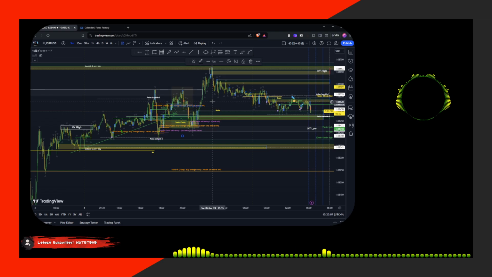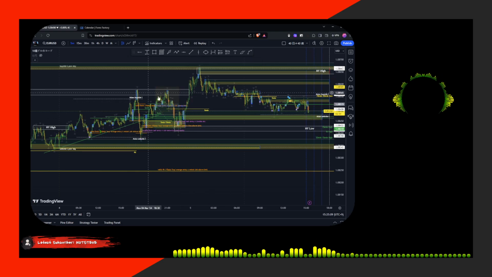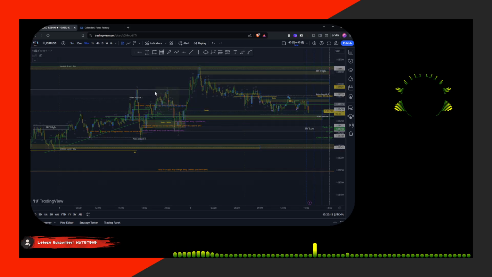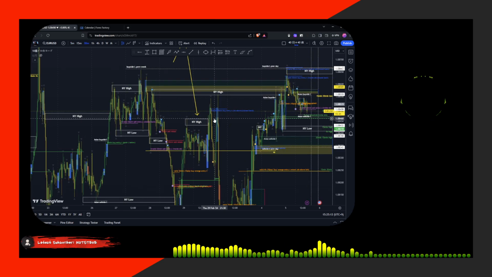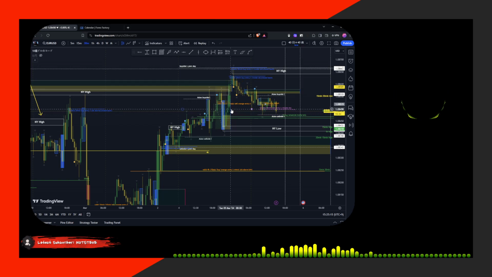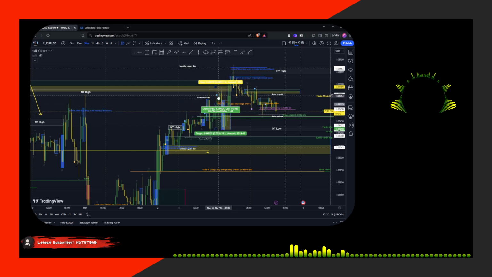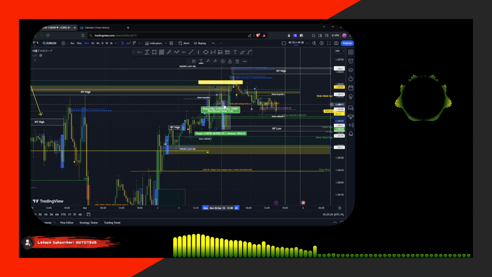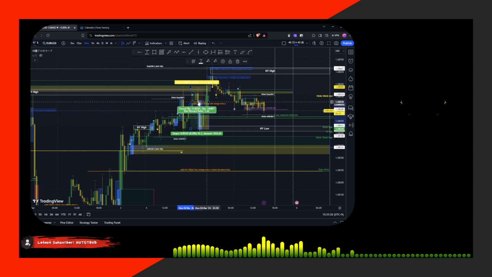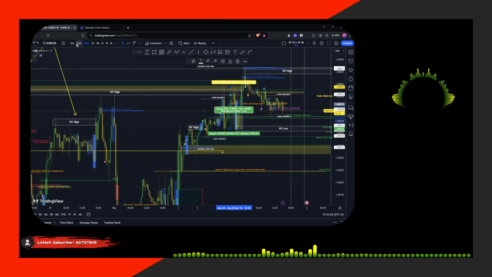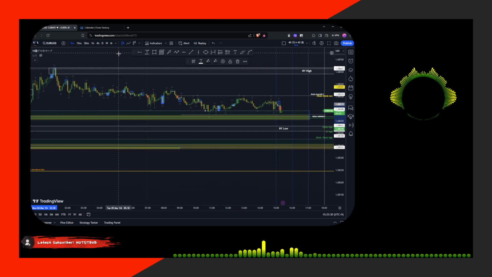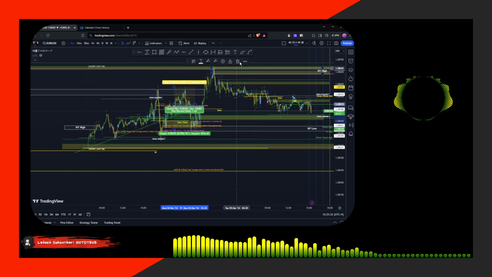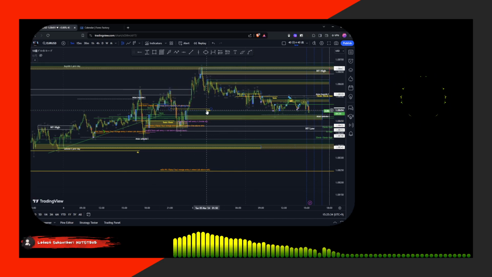Also, this one coincided with the 30 minutes. Let's look at the 30 minutes. See, on the 30 minutes we had an invalid buy over here with a confirmation of a valid 30-minute orange. So you see, it was a coinciding 30 minutes. So I took that, and that was the trade that gave me good return.